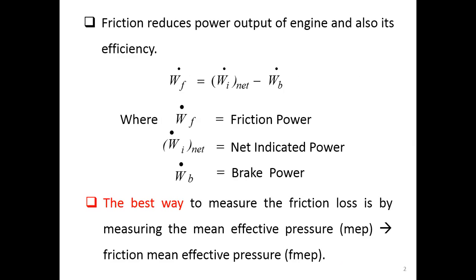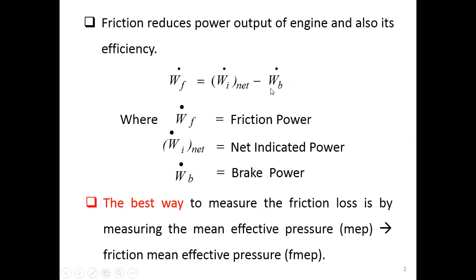That's the reason why we cannot get the brake work equal to the indicated work from the engine, as shown in these equations. You can see that the friction work is equal to the net indicated work minus the brake work.